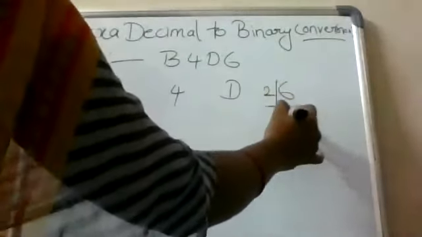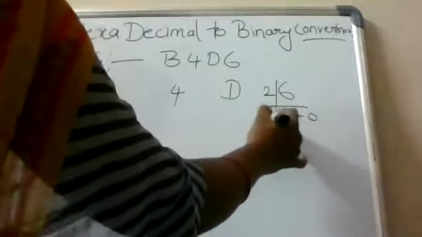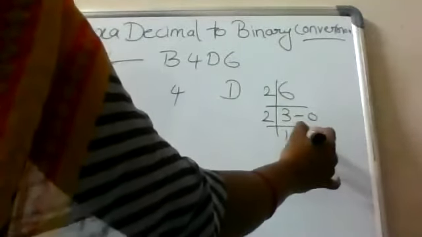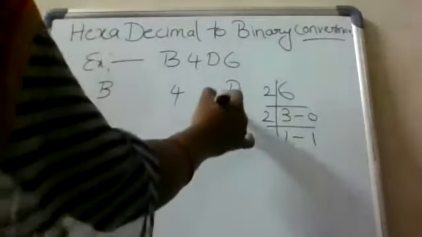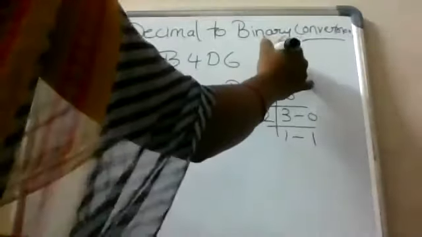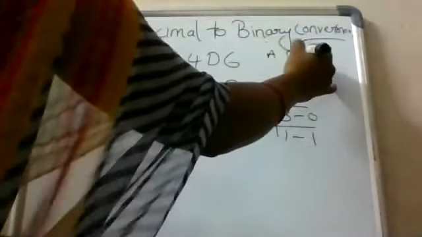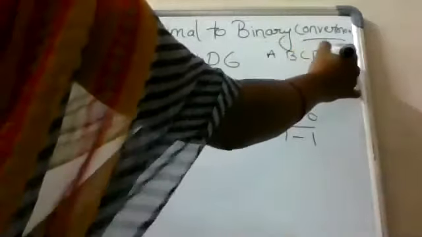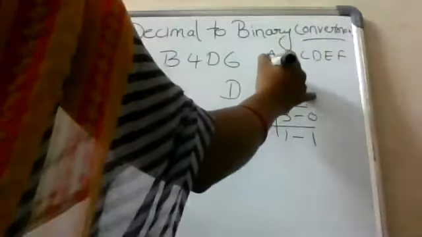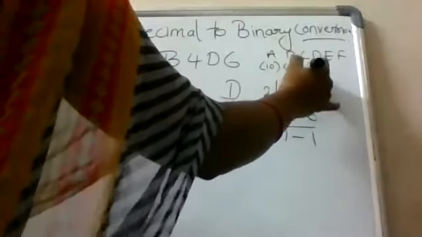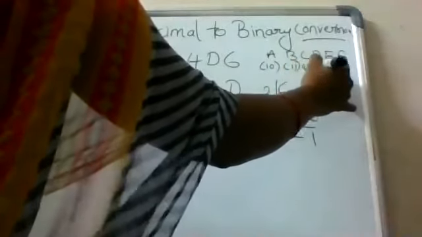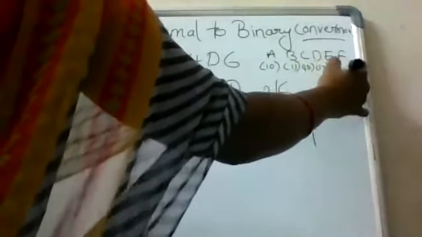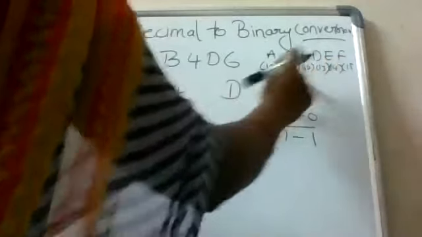For 6: 2 3s are 6, remainder 0. 2 1s are 2, remainder 1. So 6 is 110. D means, we already know that in the hexadecimal number system we have A, B, C, D, E, F, which are 10, 11, 12, 13, 14, 15.